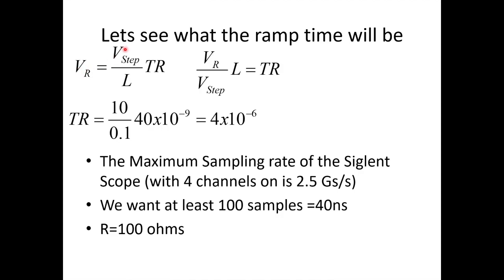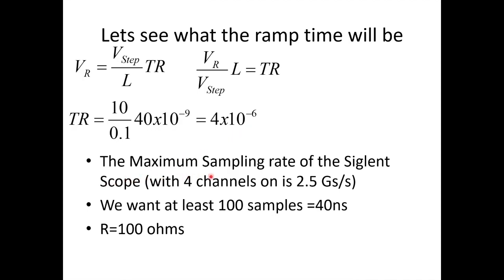So we divide both sides by V step over L. That gives us our TR constant, because we haven't decided what size resistor we're going to use. So our slope times our resistance is going to affect our thing. Now we have these values known here, and we're going to plug them in. That means our TR value has to be 4 times 10 to the minus 6.